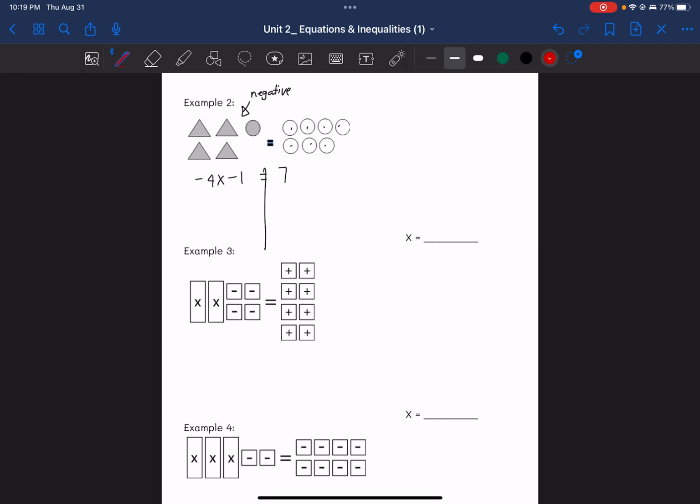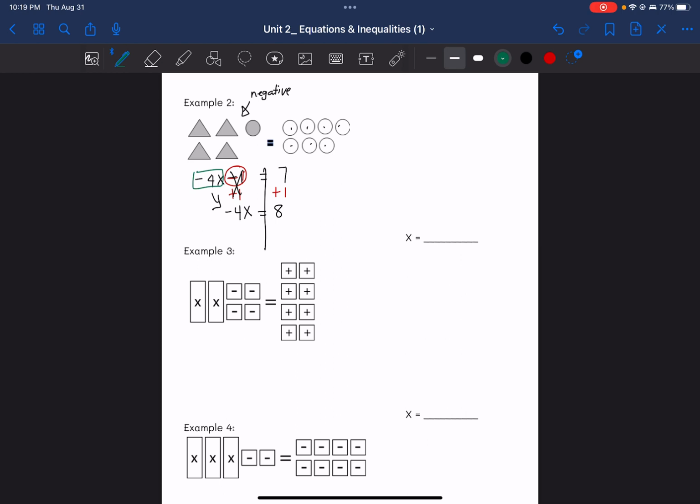Okay? Let's circle our constant, box our variable term. Let's go back and let's do the inverse operation of what's being done here, which is a subtraction sign. So I'm going to do plus 1, plus 1. Okay, this cancels out. I'm going to bring down negative 4x is equal to 8.